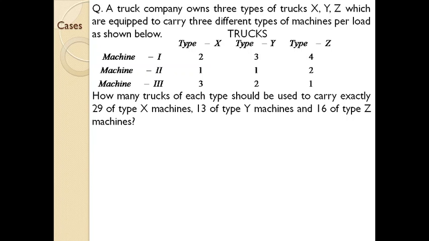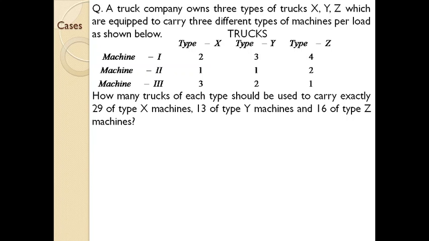So the details of a company are given where they were having three distinct trucks, and the load capacity is given regarding the machines which they have been dealing with: machine 1, machine 2, machine 3.